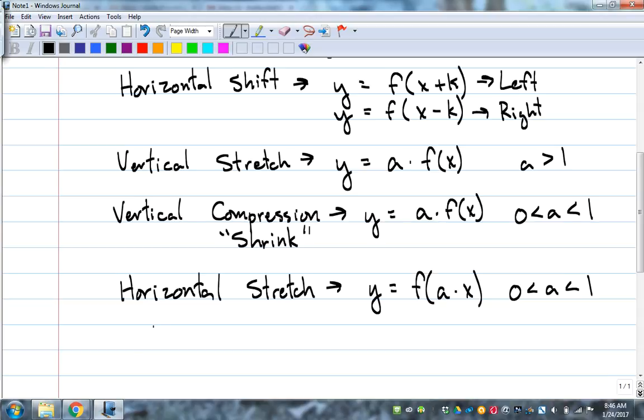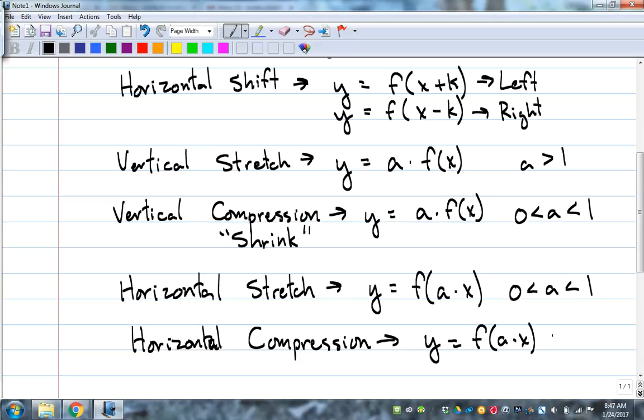All right, and then horizontal compression. Y equals a times x, but you're dealing with a big number.